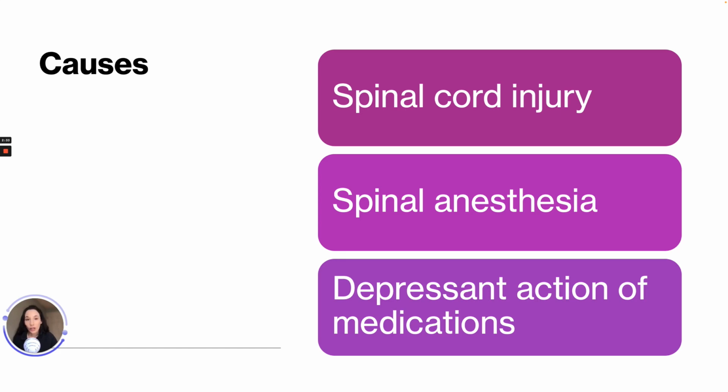Spinal anesthesia, which is an injection of an anesthetic into the space surrounding the spinal cord, or severance of the cord, results in a fall in blood pressure because of the dilation of the blood vessels in the lower portion of the body and a resultant diminishing of venous return to the heart. And depressant action of medication and lack of glucose can also cause neurogenic shock.